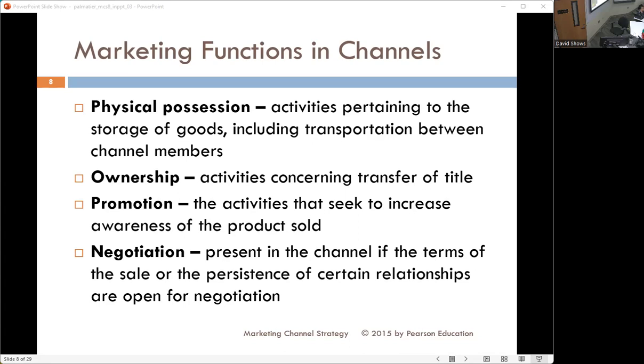There's a definition of physical possession and ownership, and that equals what's known as inventory holding cost. Okay. These are the stocks of goods that you have for sale for consumers to purchase.